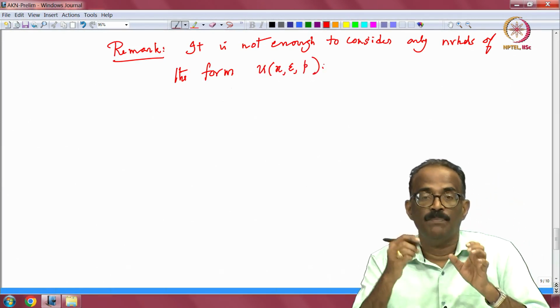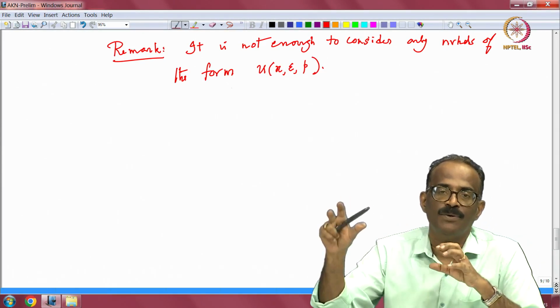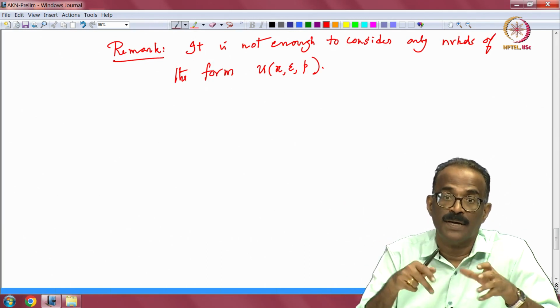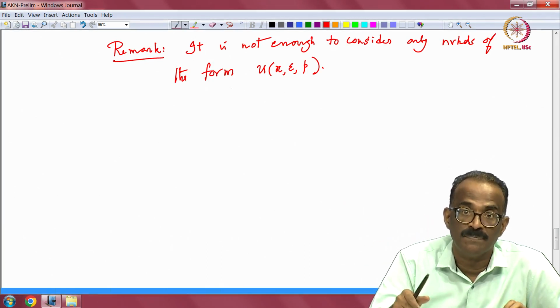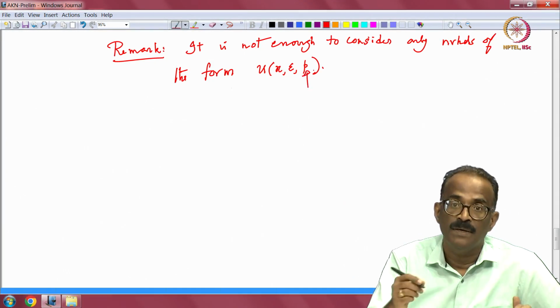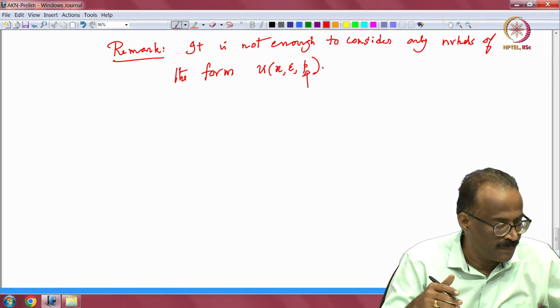Okay. This is important because if you take two such things, U epsilon x p1 and U epsilon x p2, their intersection may not have neighborhoods of that kind of form. So, it is important to take all possible finitely many things, not just one thing.